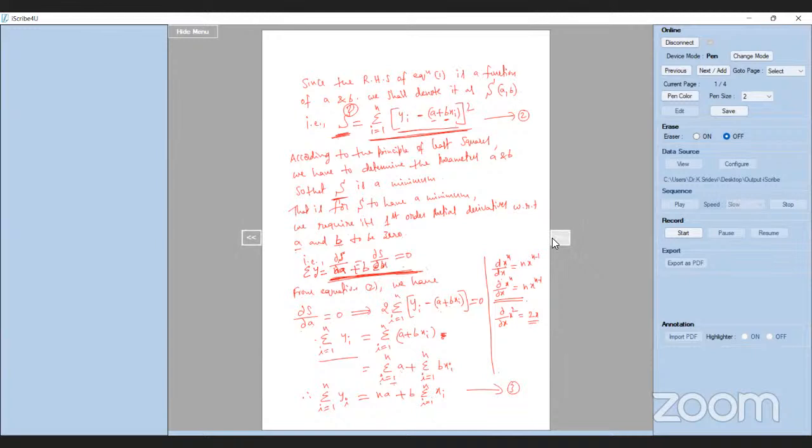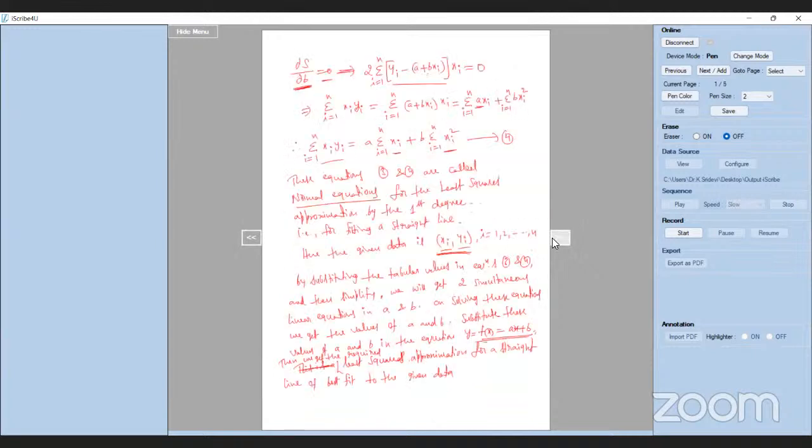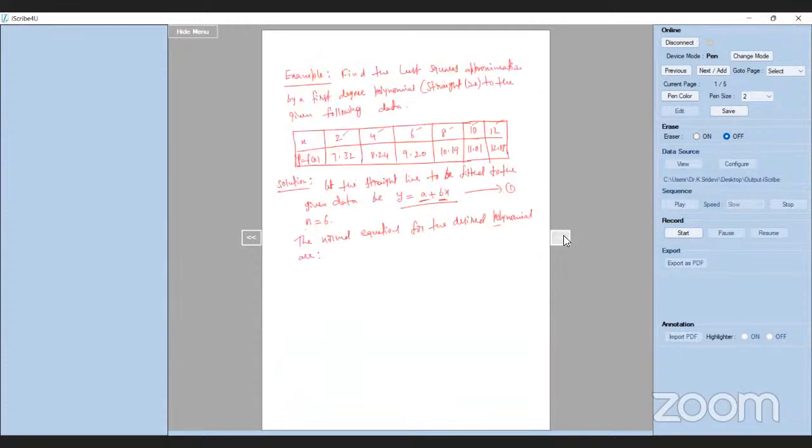The next normal equation is summation x into y is equal to a into summation x plus b into summation x square. No need to write i in the problem, because here n is equal to 6.